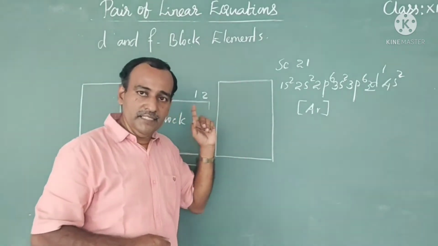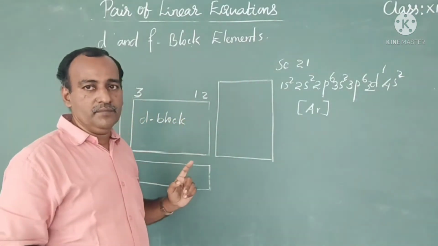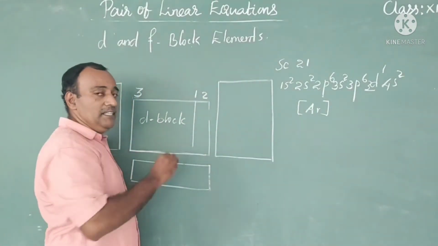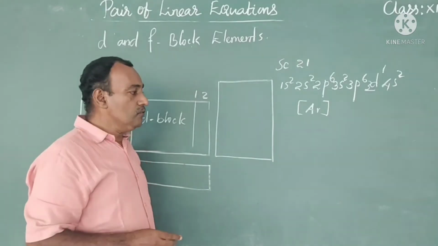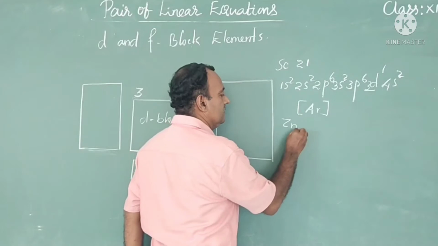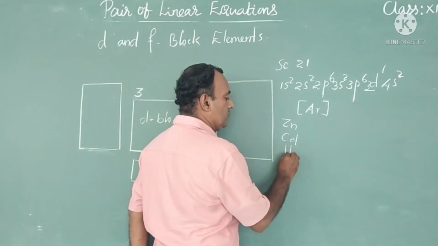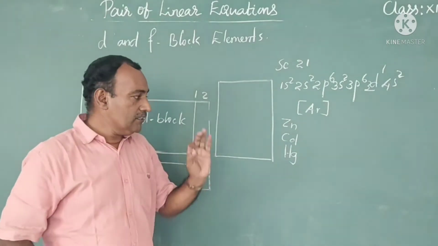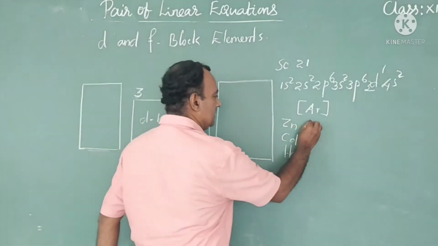But in this area, the elements of group 12 consist of zinc, cadmium, mercury. The atomic number of zinc is 30.